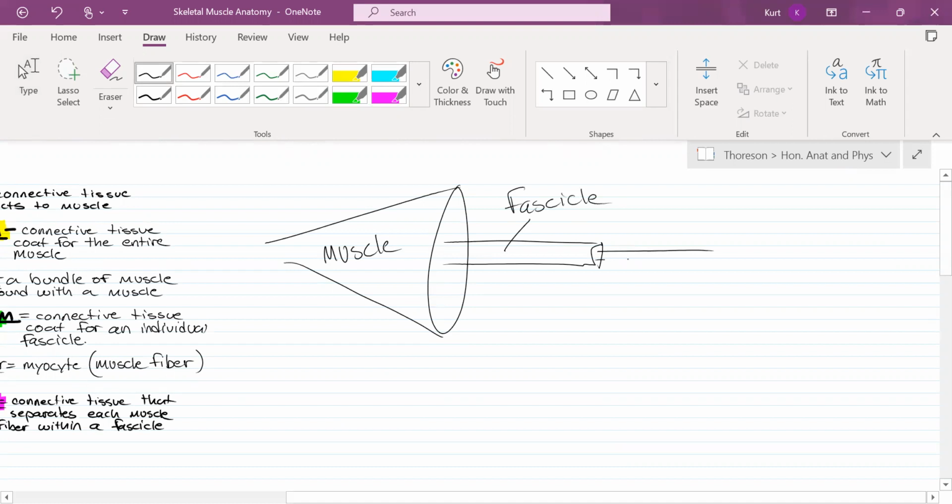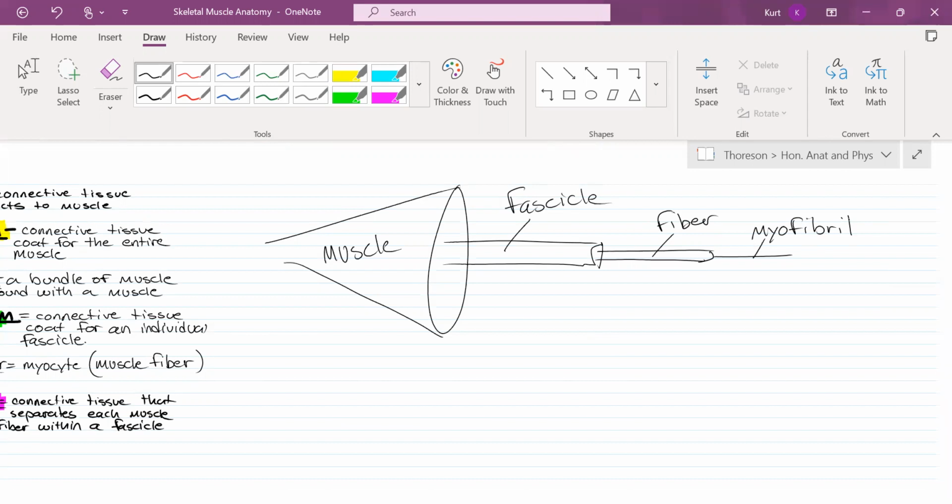What comes out of a fascicle? A fiber. What comes out of a fiber? Myofibril. You need to know that order. Muscle to fascicle, fascicle to fiber, fiber to myofibril. That's how it works. Okay, we will stop there.